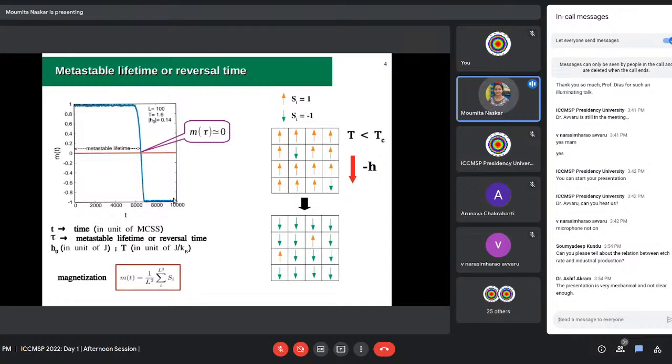That means now the spins try to align along the direction of the applied field. Quantitatively, we have defined the metastable lifetime or the reversal time of magnetization as the time at which the magnetization starts becoming negative. We have used this definition of lifetime or reversal time throughout our work.